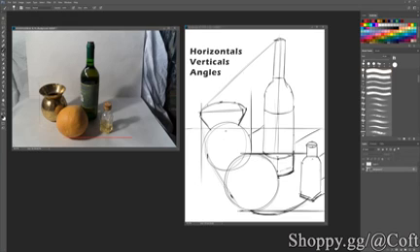I could check a vertical shape there using my pencil. And this one's fairly good, but I can refine it a little more just to block it in a little bit more confidently. You can see that there's a shadow I missed as well.